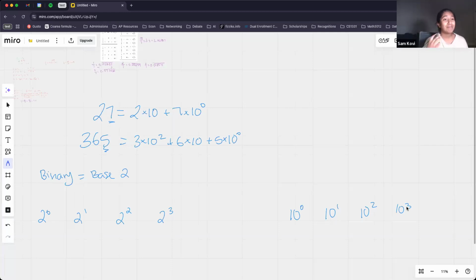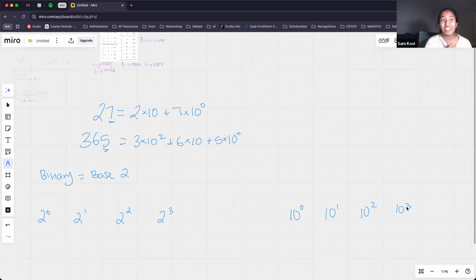Just like that, in base 2, I have 2 to the power of 0, 2 to the power of 1, 2 to the power of 2, 2 to the power of 3, and so on. Now, in base 10, here's a question for you. Can we have a digit of 0? What do you think? Yes. Okay, can we have a digit of 1? Yes, good. Can we have a digit of 7? Yes.